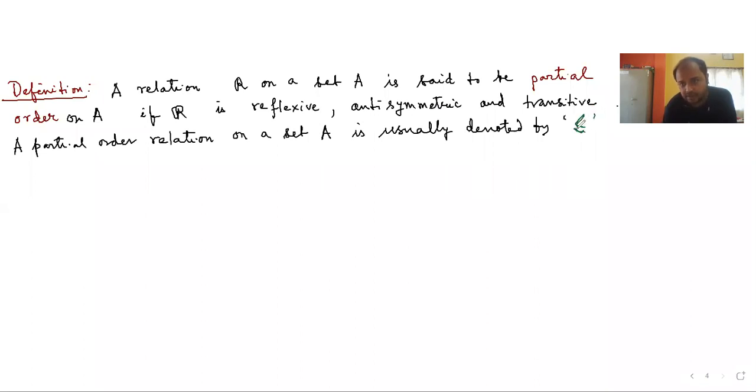In this case, it is not the lesser than or equal to symbol. If it is a matter of finding partial order, then often we use this symbol, or you can use any symbol, because in the previous case, rho was the relation which we considered and which came out to be partial order.